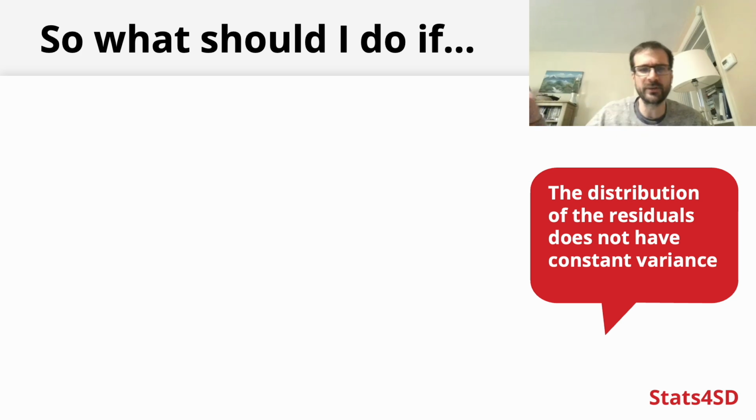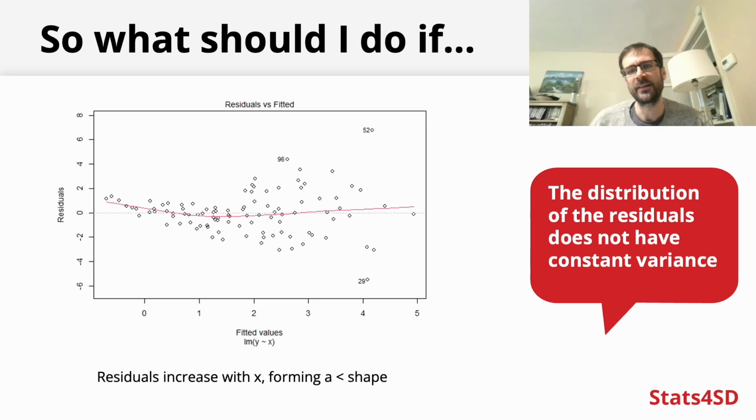So if we see something that looks like a funnel, then this is where we might be trying to take a log transformation of y, because what that's indicating is at lower values we have lower variability, at higher values we have higher variability. And that's a classic setup where a logarithmic transformation is going to adjust for that perfectly.